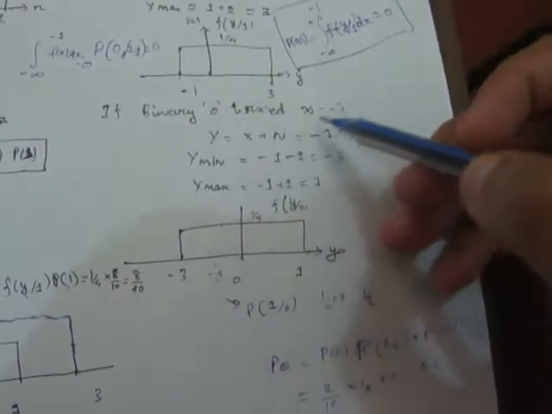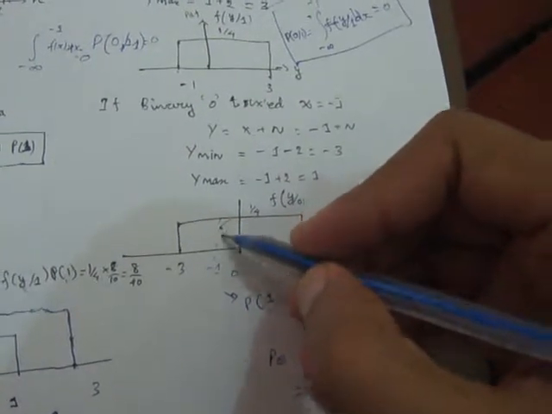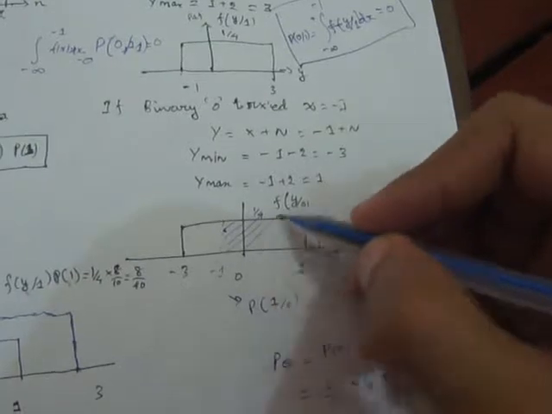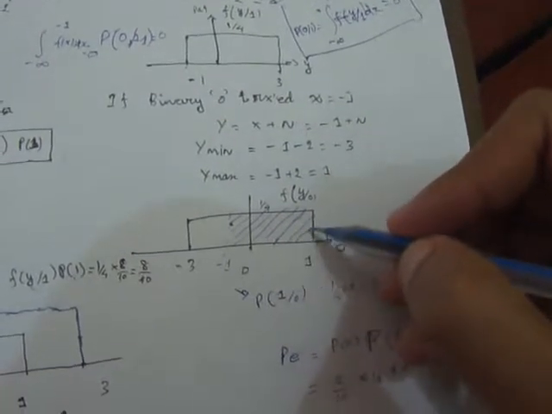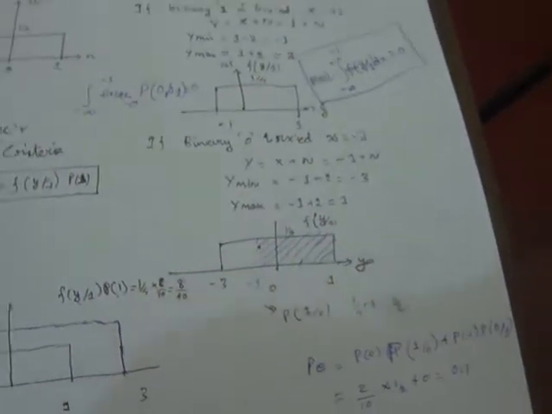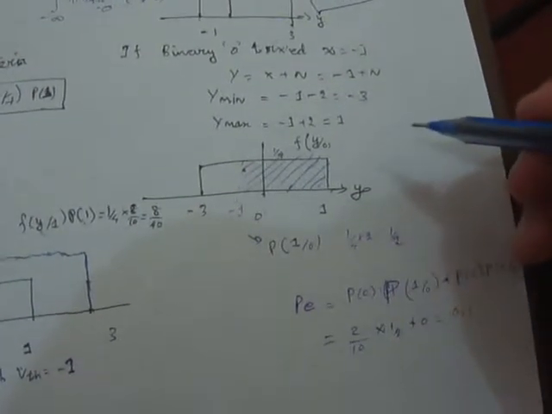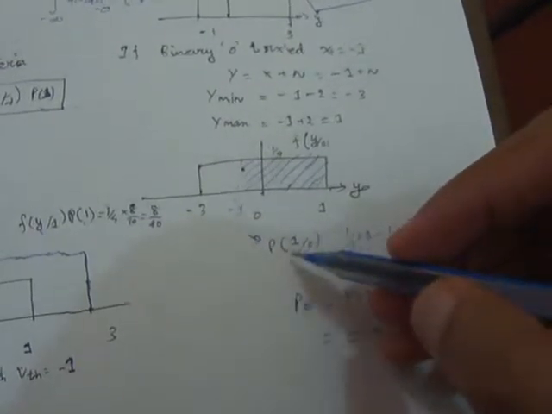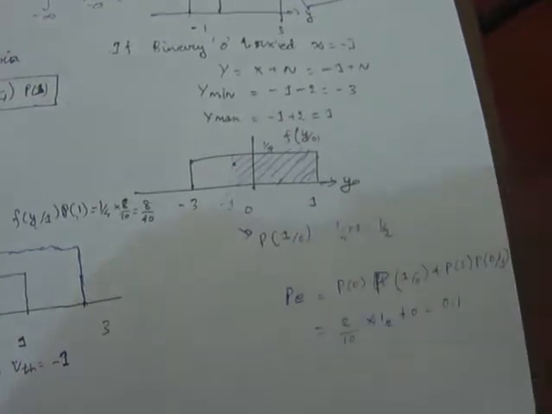And if binary 0 is transmitted, then higher than the threshold value, we have values here. So this will become the error in the detector output. So we are calculating P of 1 given 0, that is 0 transmitted and we are receiving 1, which is the error value.